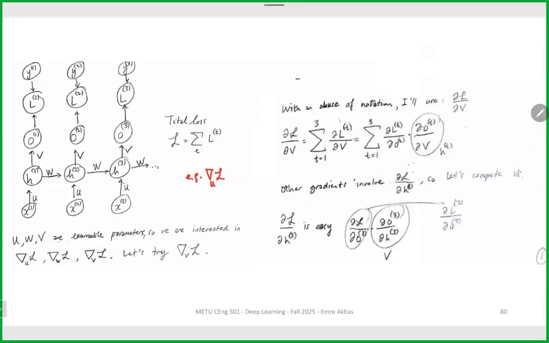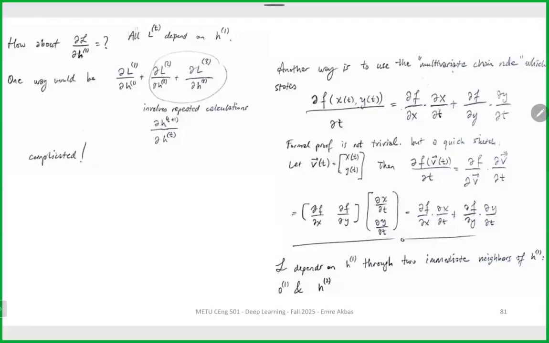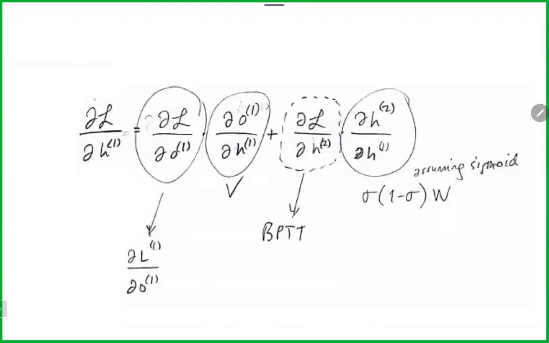So you have to do backpropagation through time, and what you end up with is this kind of result. The derivative of loss with respect to the hidden state 1 is the derivative of loss with respect to O1 times the derivative of O1 with respect to H1, and these are fairly straightforward.